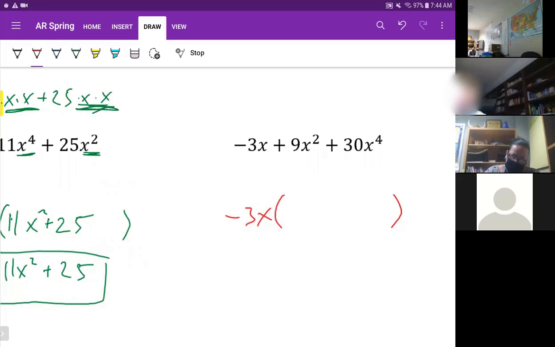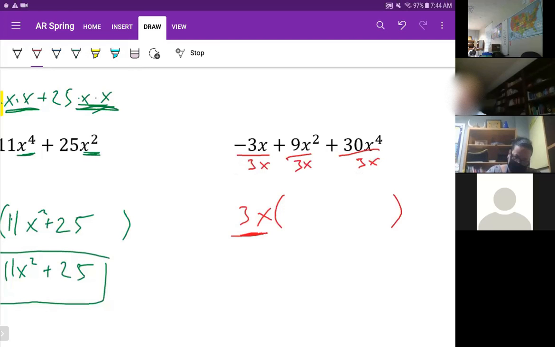In this case, because this was given in the answer, like it will be in some of your problems, this is what you have to factor out. So what you're basically doing is dividing by 3x. Each of these can be divided by 3x.